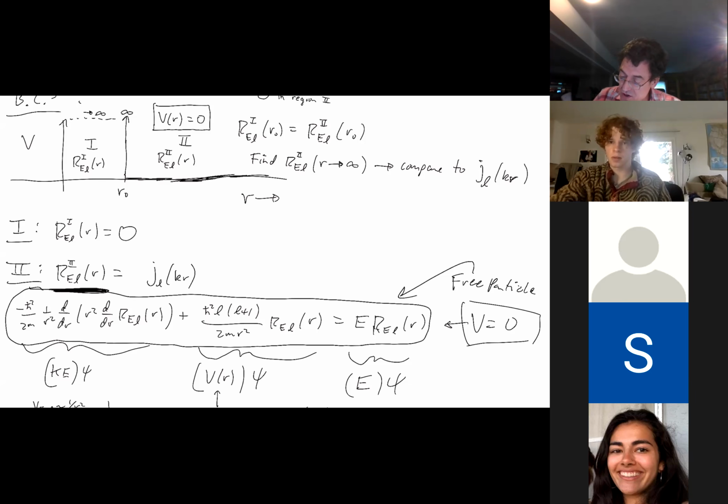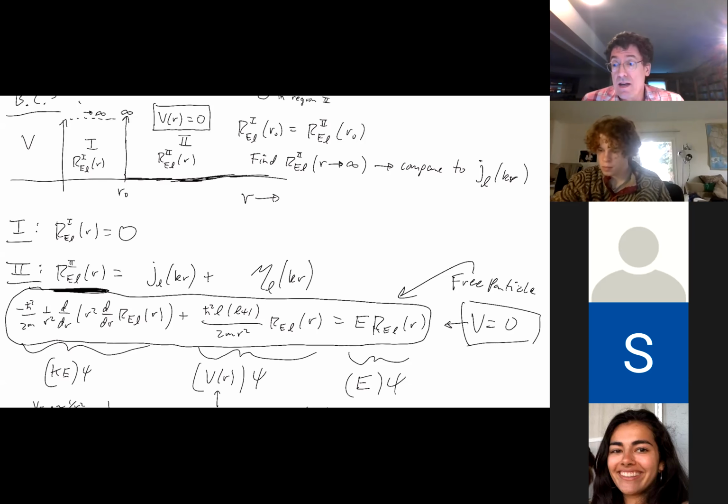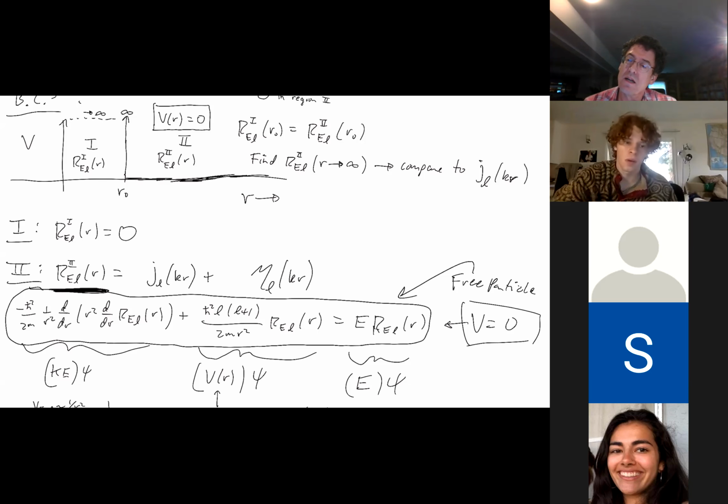Right. Why do we add the Neumann function? Why do we add it here, and we didn't do it before? What makes this case special? We're going to need it when we want to do our boundary matching. We will certainly need it, but why did we reject it before?